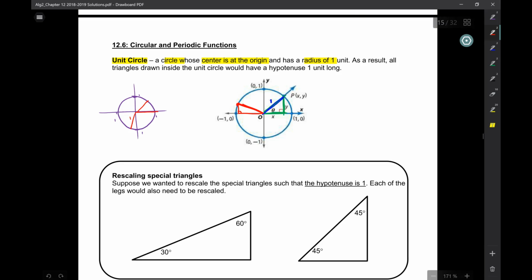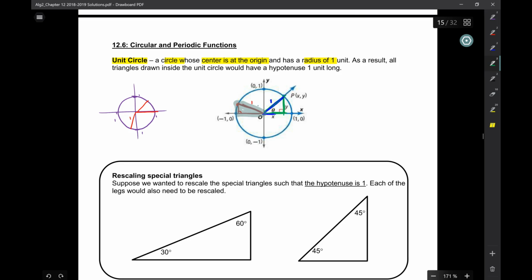How big is that hypotenuse? 1, because it's also a radius of the circle, correct? So you're probably seeing that pattern. If I were to draw another right triangle here, okay, here's the hypotenuse. How big is the hypotenuse? 1, because it's a radius of the circle, right?